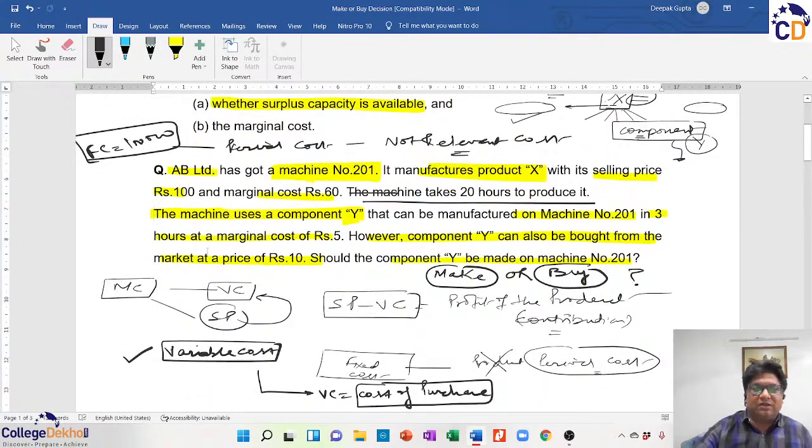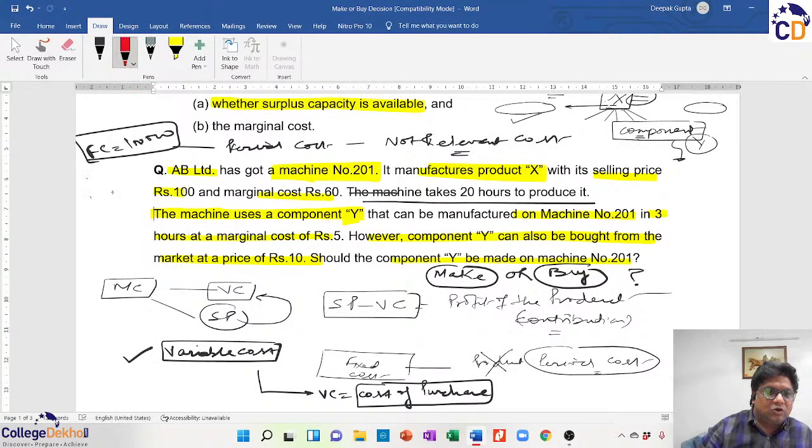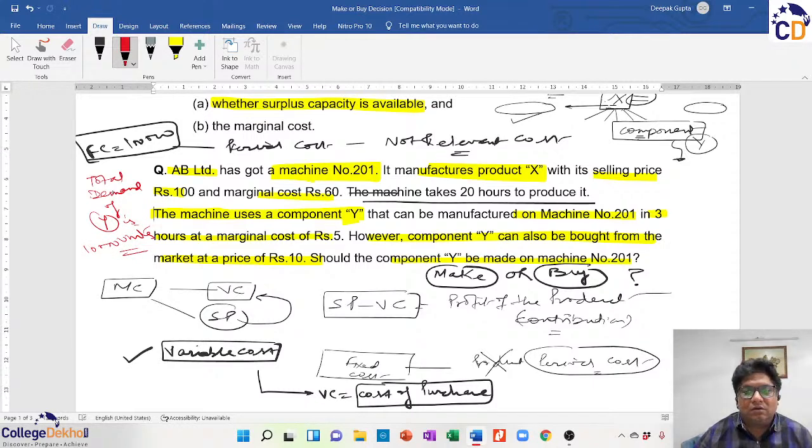In this question, if we add that the total demand of component Y is 10,000 units, then if you make it, there will be a loss of 10,000 into 1, that is ₹10,000, and if you buy it, there will be a saving of ₹10,000.